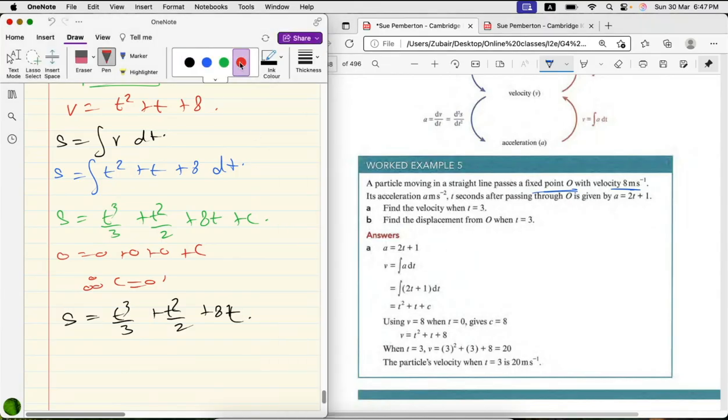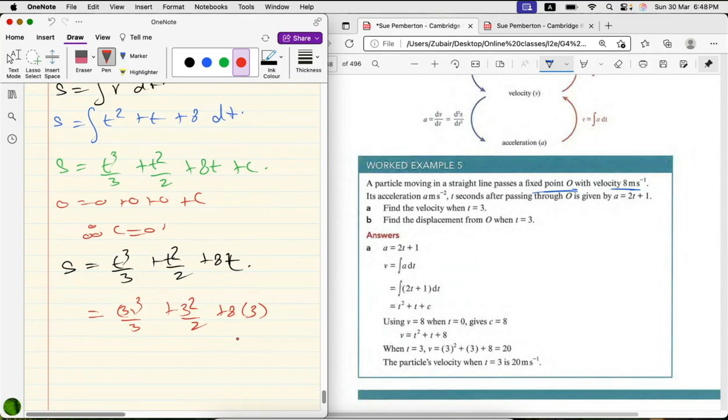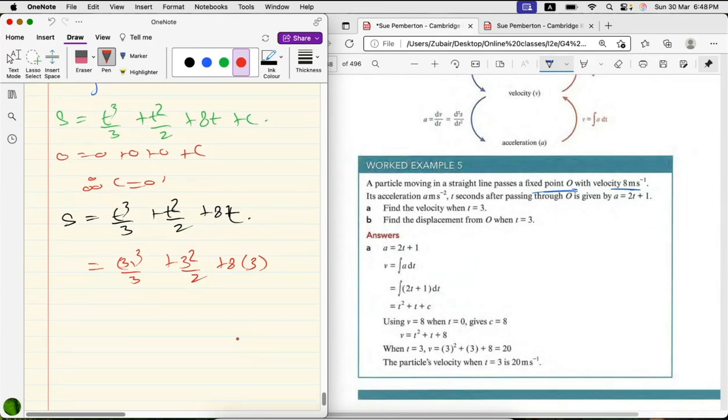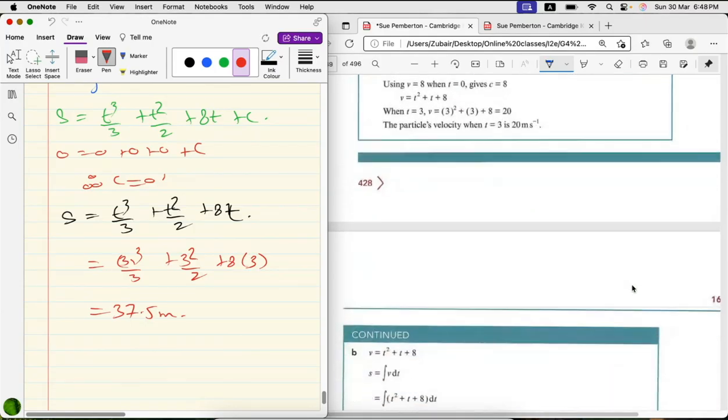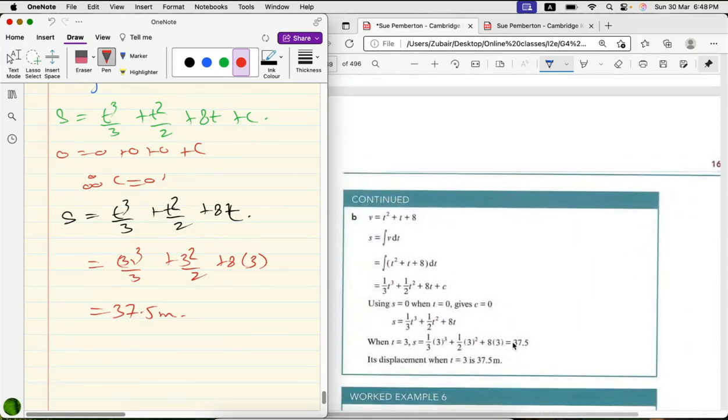And when time is 3, this is 3 cube over 3 plus 3 square over 2 plus 8 into 3. That is 37.5 meters. He is having a different method, but the answer is same.